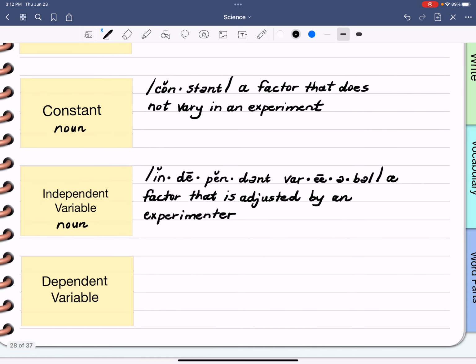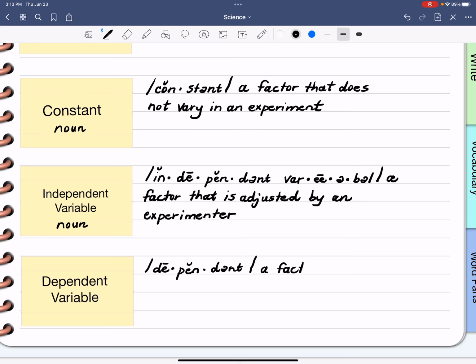The dependent variable, D, pen, dunt, D, pen, dunt, and there's variable again. We did that one above, so let's not do it again. We don't have to just keep writing it. You can if you want to. It is a factor.